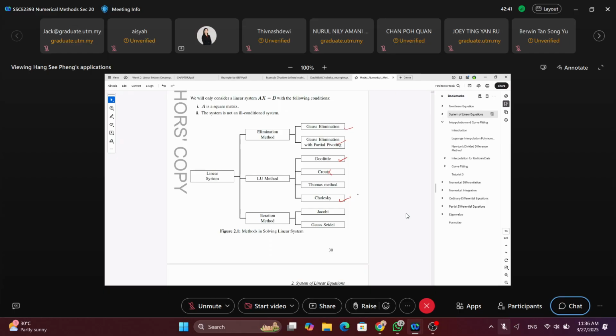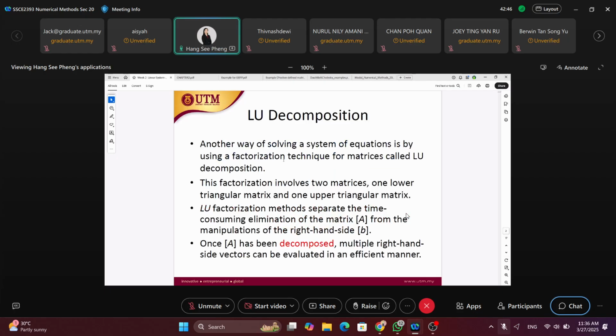Now, you look at Doolittle. Doolittle is under LU decompositions. So what is LU? LU actually comes from the matrix A. We decompose this matrix A into the form of L multiplied by U, where L is the lower triangular matrix and U is the upper triangular matrix.